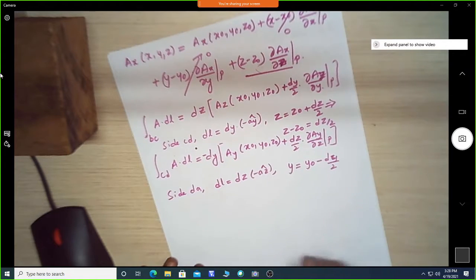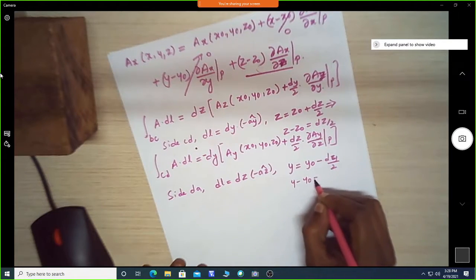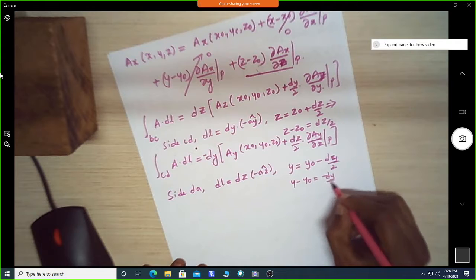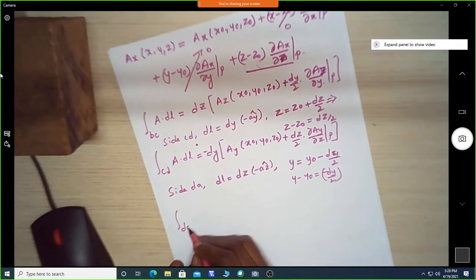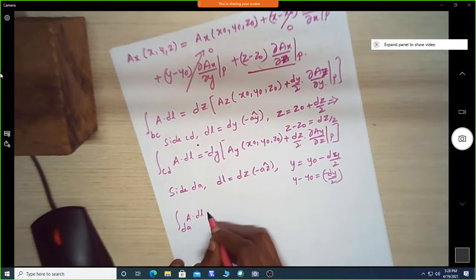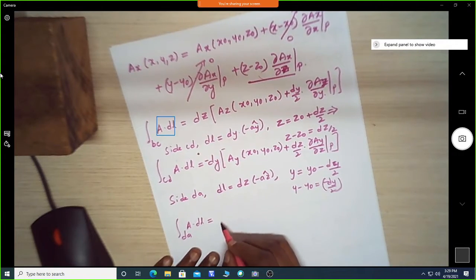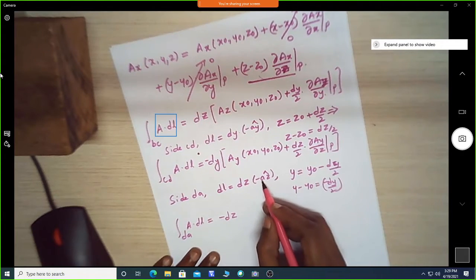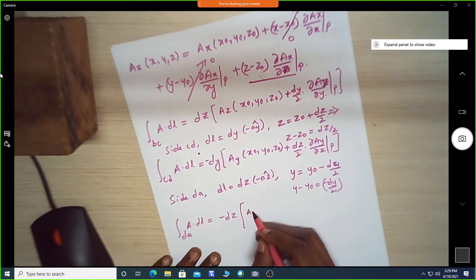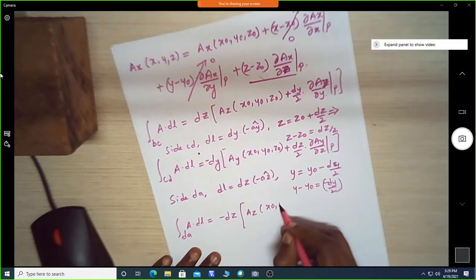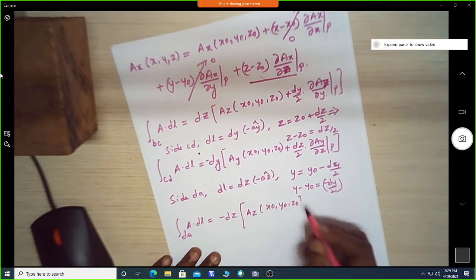Okay, so now if I consider y minus y naught, which is nothing but minus dy by 2, and if I substitute this for dA, it gives minus dz, because it is in the negative z direction, into Az of x naught comma y naught comma z naught.